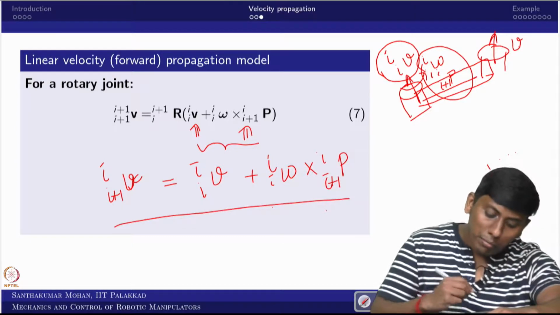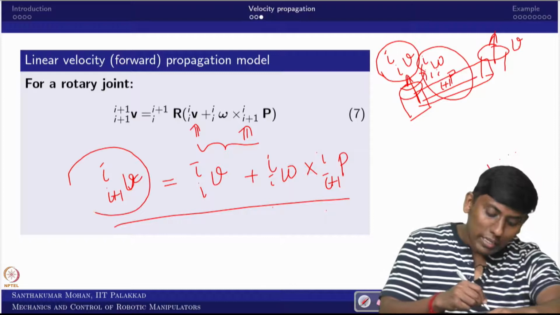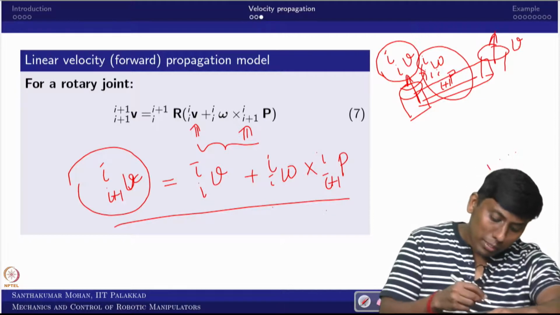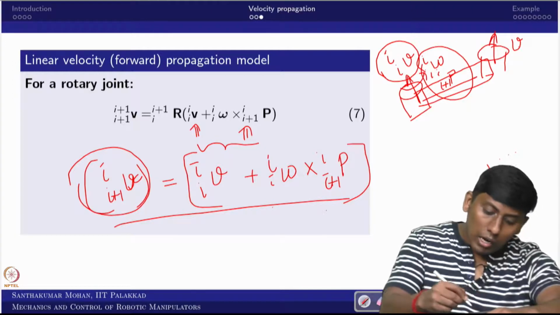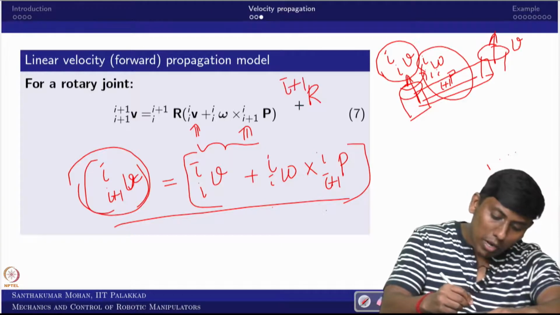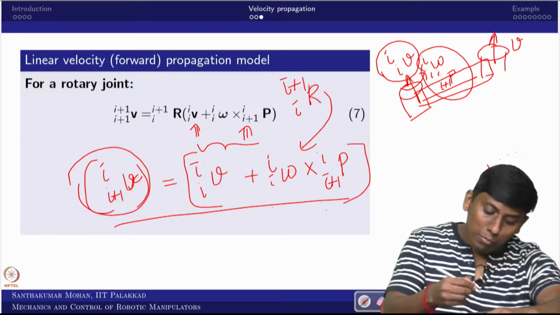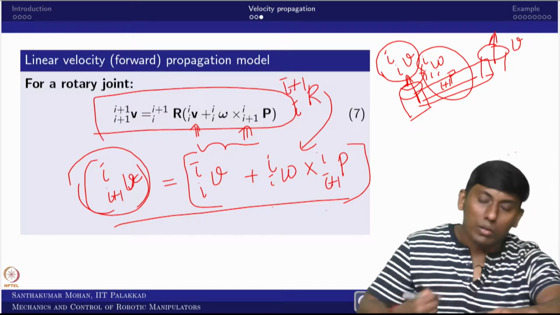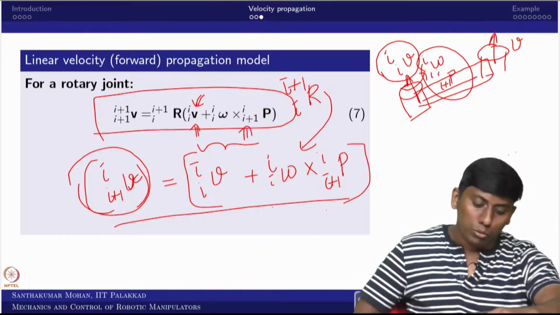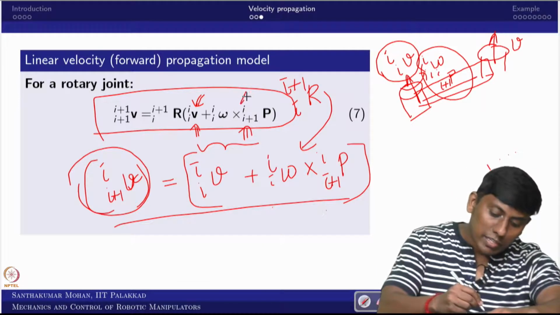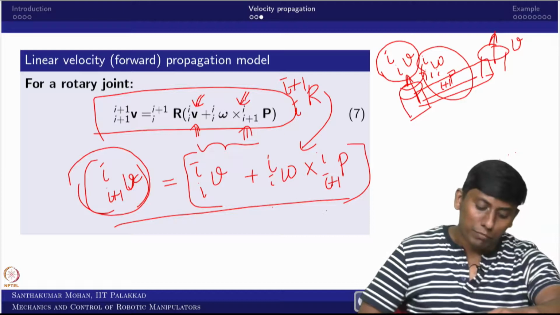So this would be available, and if you want to change the coordinates, you multiply this throughout by R I plus 1 to I. Then if you multiply, this equation will come. Okay. So again you can see this is the slip due to the previous frame, and this is the tangential velocity due to the previous frame angular velocity and the position vector.